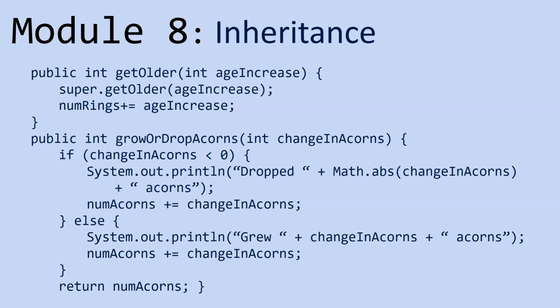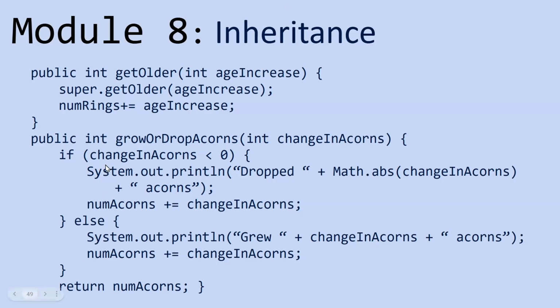All right. And then for growOrDropAcorns, again, you might want to split this into two separate methods, one for growing acorns and one for dropping acorns, but I just decided to make it one method to save space. So it's going to return an int, which represents the new number of acorns, and it takes an int as the parameter, and that's the change in acorns.